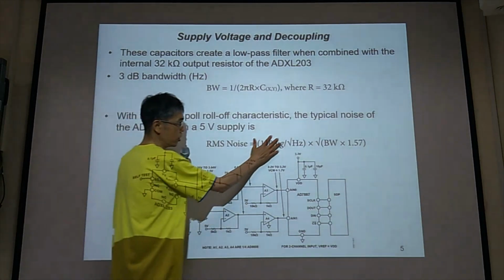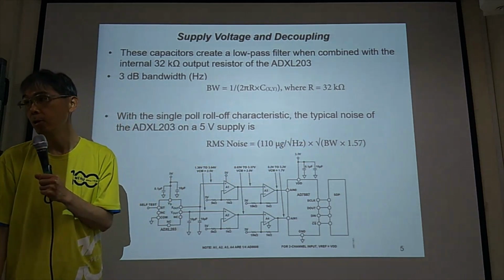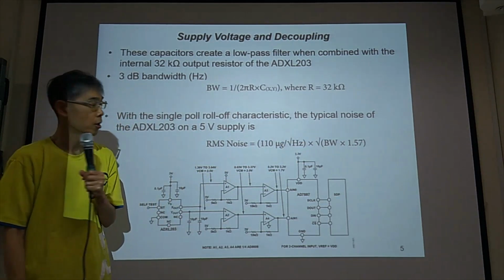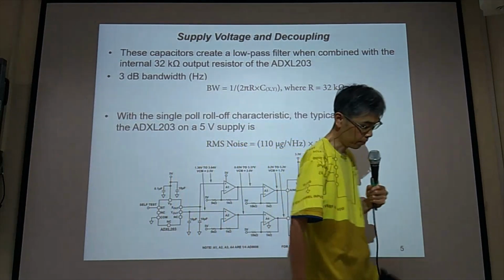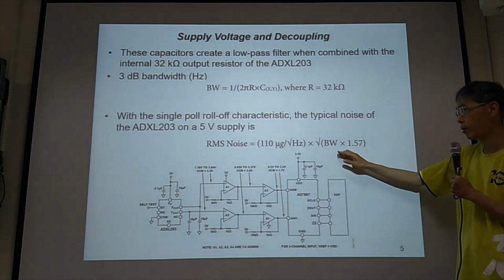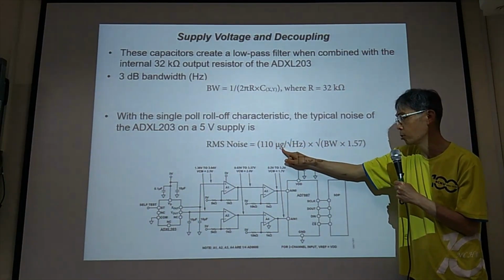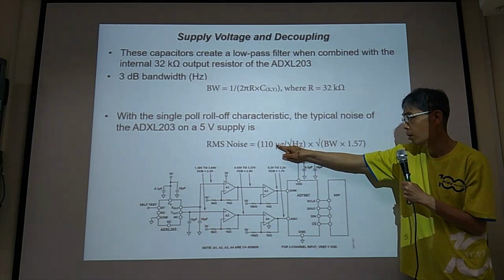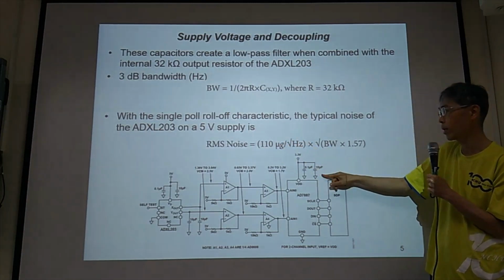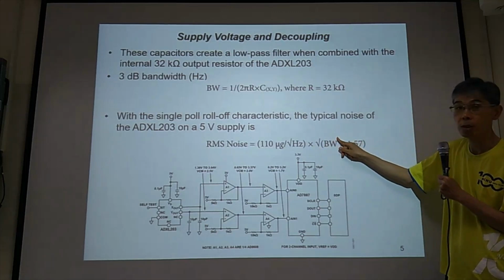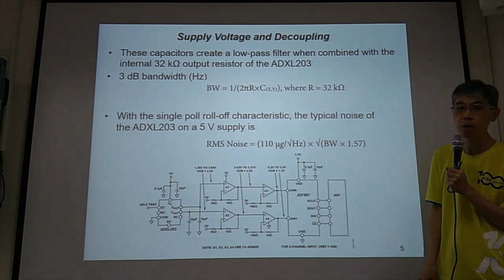So this is the noise density. When you calculate noise, we want to know what the noise is in terms of G. So we have the unit micro G divided by square root Hz, so you need to multiply by square root Hz. Then square root Hz can be cancelled out.